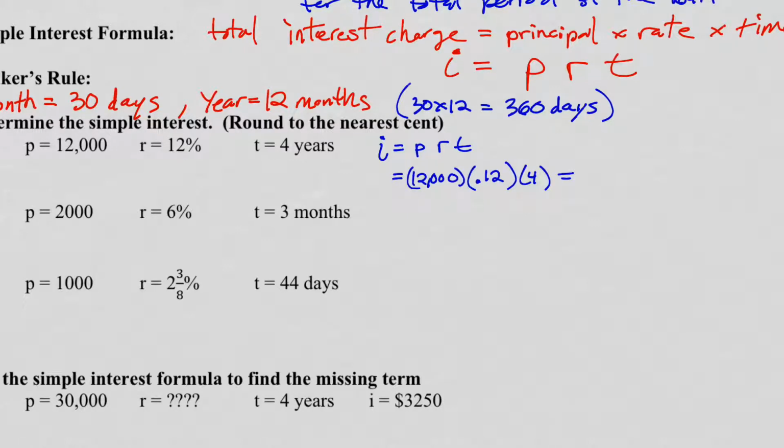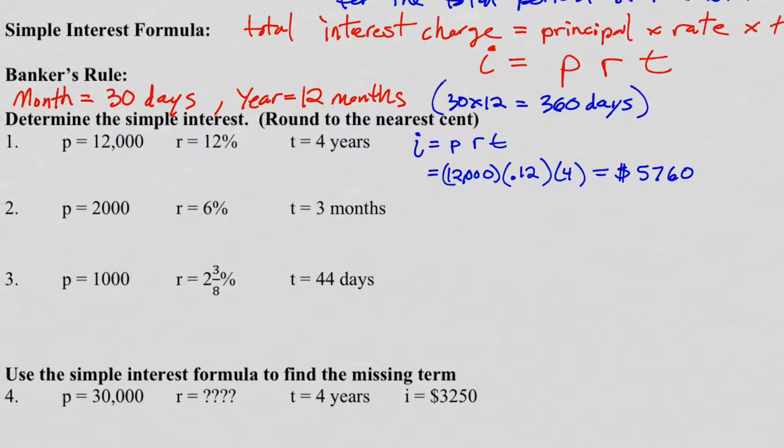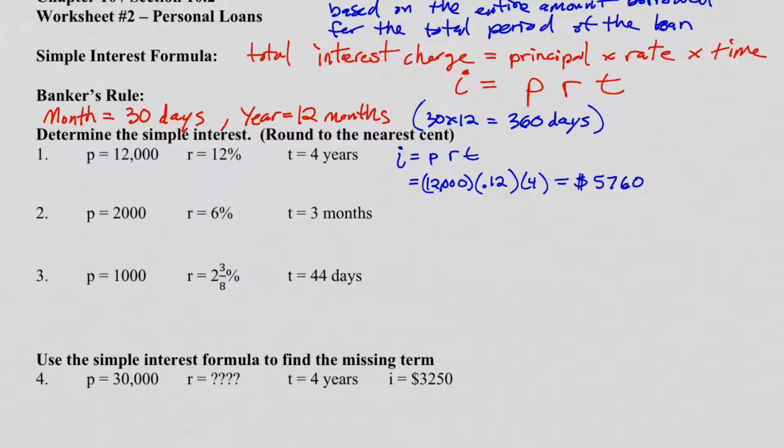So you just want to put this in your calculator, and we have $5,760. Okay. So to borrow $12,000 for 4 years, at the end of the 4 years, you will need to pay back, in addition to the $12,000, another $5,760. So as you can see, it's quite lucrative for the lender. Okay, it's a great business to be in.